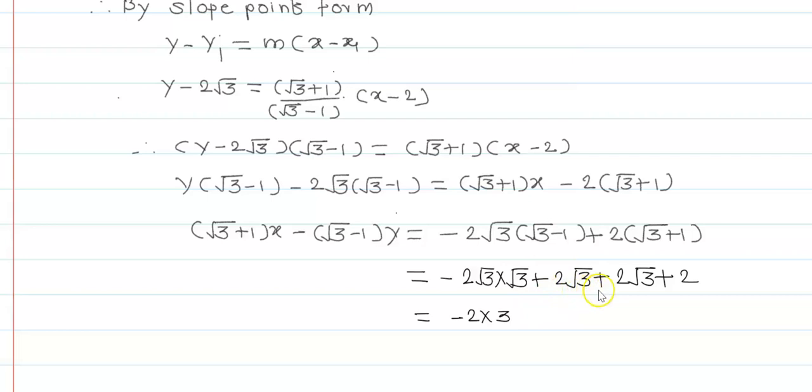Next, 2 root 3 plus 2 root 3 is 4 root 3 minus 6 plus 2, that is 4 root 3 minus 4.